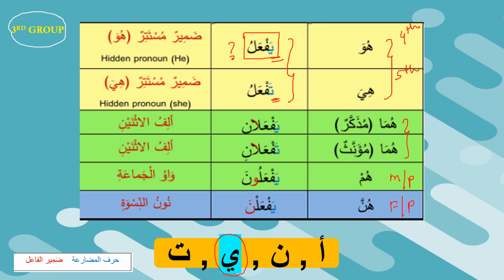So that's why ta has come. As you know, ta represents femininity. So that's why in the ghaib group, instead of the ya, the ta letter is used to show that this verb is used for the ghaib, feminine singular.